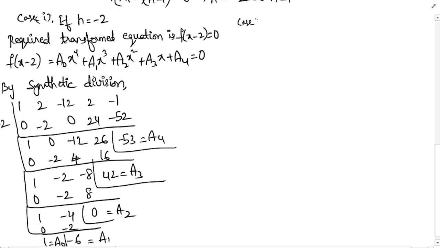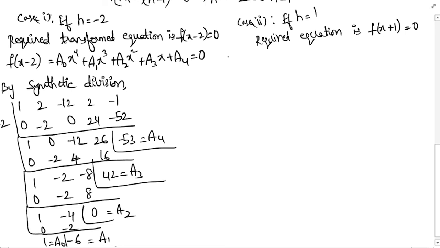Okay, so now we'll consider case 2, that is if h is equal to 1, then the required transformed equation is f of x plus 1 is equal to 0. Okay, so that means f of x plus 1 is equal to a0 x power 4 plus a1 x cube plus a2 x square plus a3 x plus a4 is equal to 0.